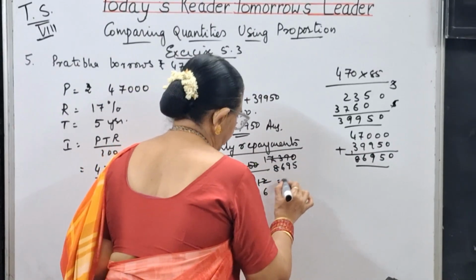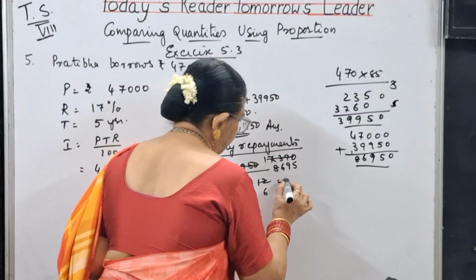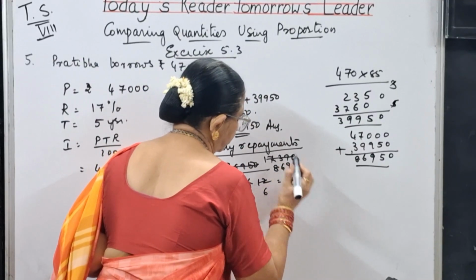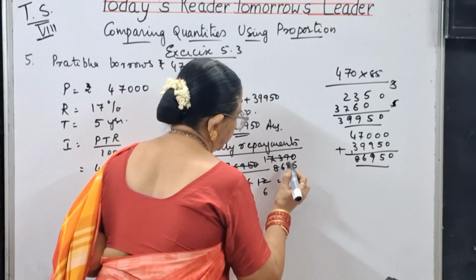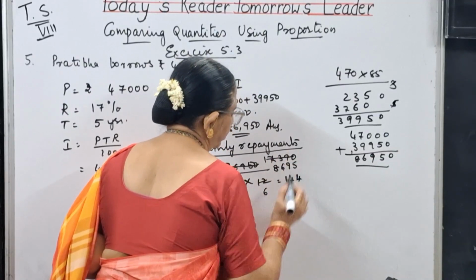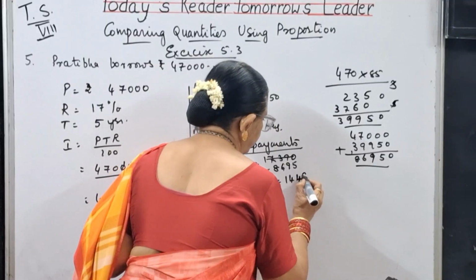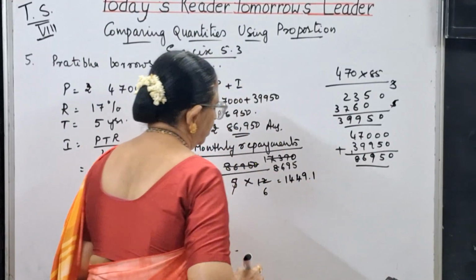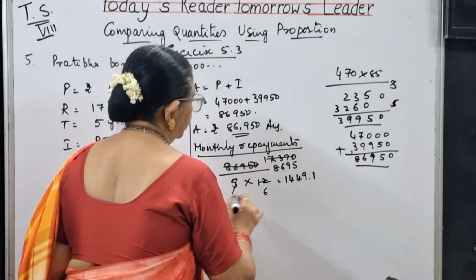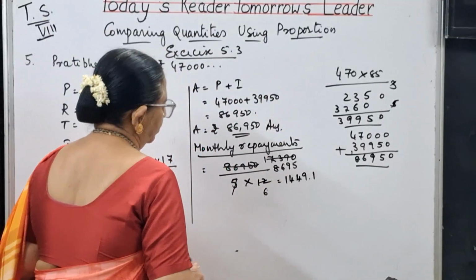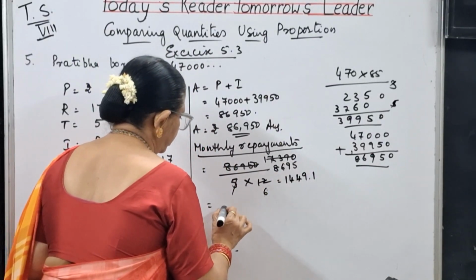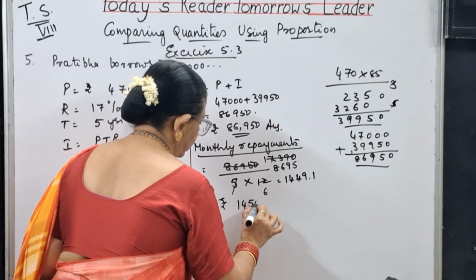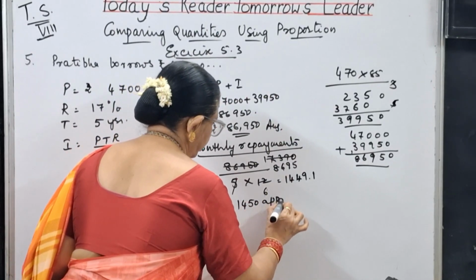So when you are dividing by 6, we say 6 1s are 6, 6 4s are 24, 6 4s are 24, then 5, 6 9s are 54, 6 1s are 6. 1 4 4, when you divide it, you are getting, this is nothing but rupees 1450 approximately.